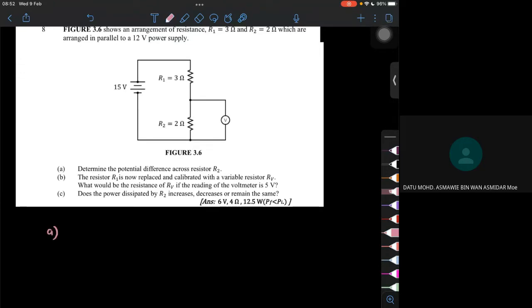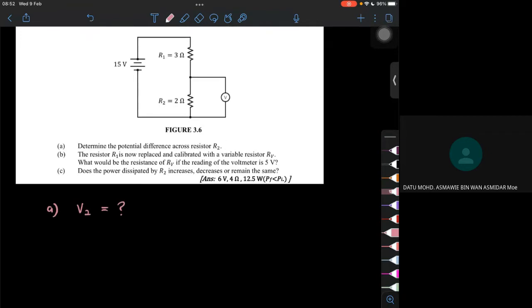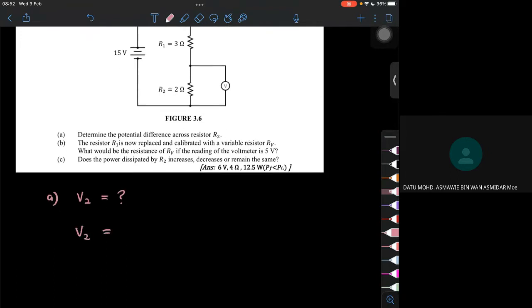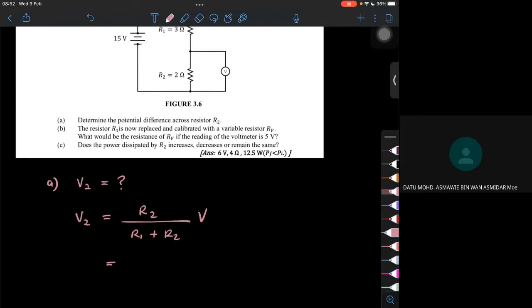So soalan A, we want to find V2. Again, using the same method, V2 will be equal to R2 divided by R1 plus R2 times the supply voltage. So here 2 over 2 plus 3 times 15 volt.